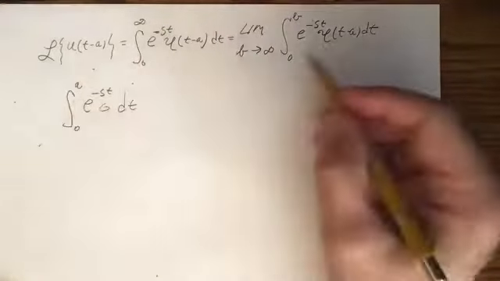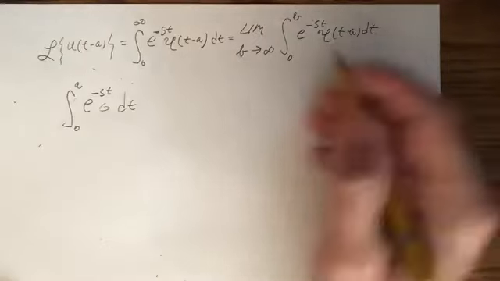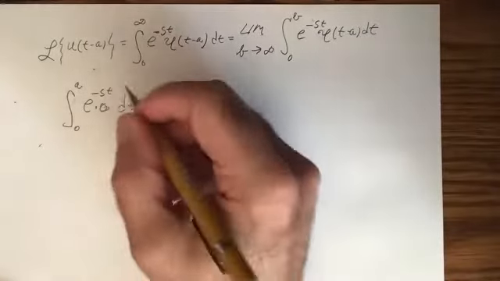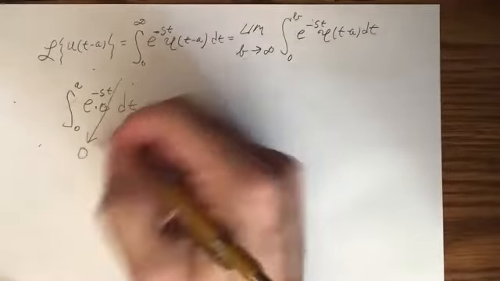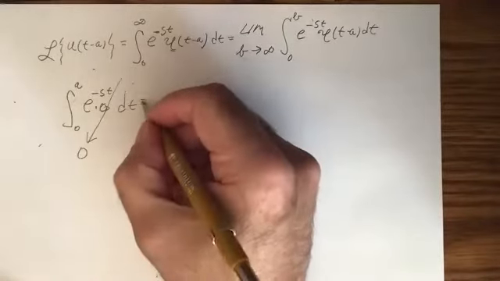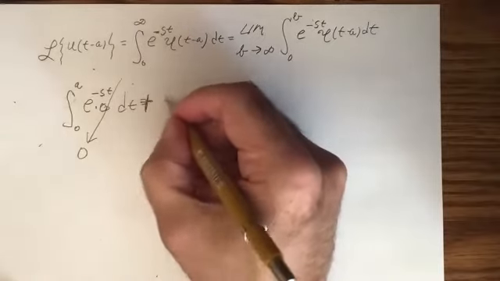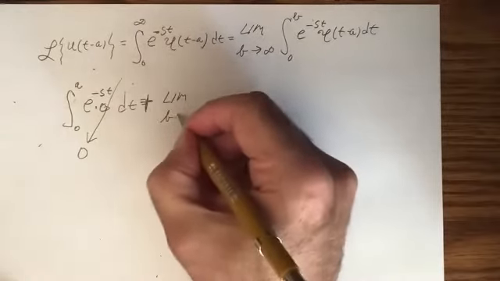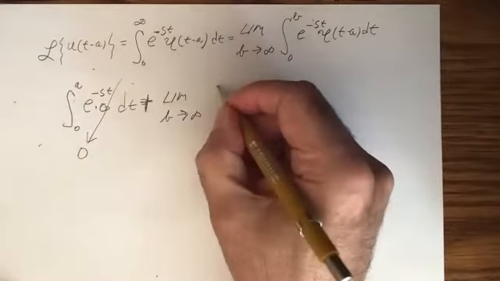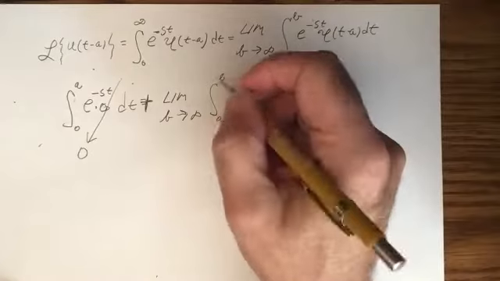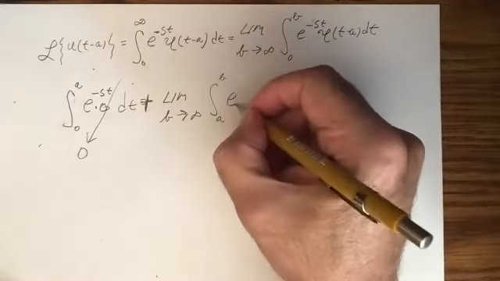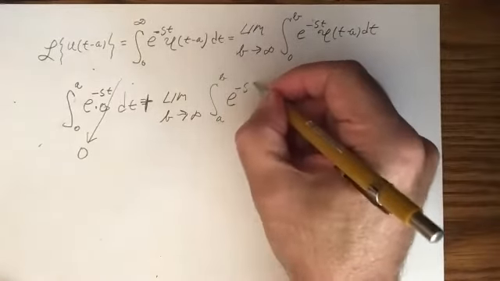From 0 to a, this function is 0, so I'm multiplying e to the minus st by 0, dt. So this whole thing is 0. And then I have plus the limit as b goes to infinity of the integral from a to b of e to the minus st dt.